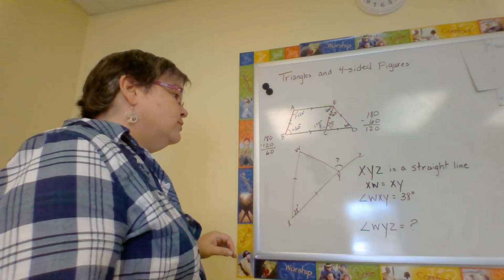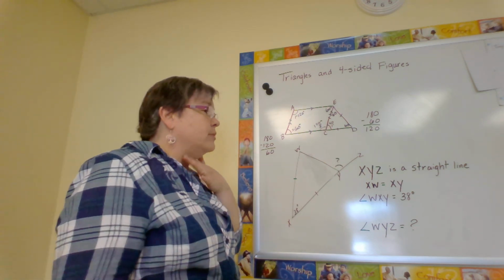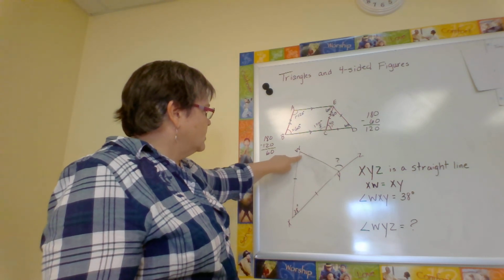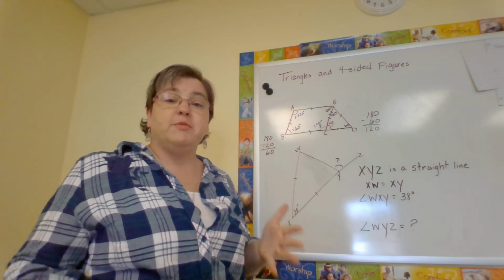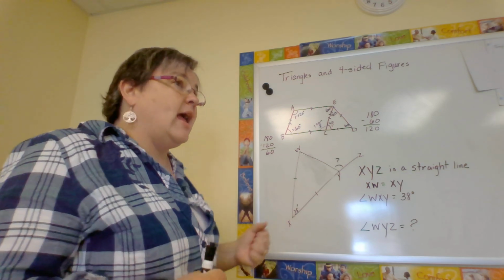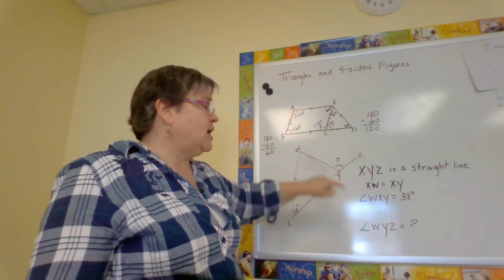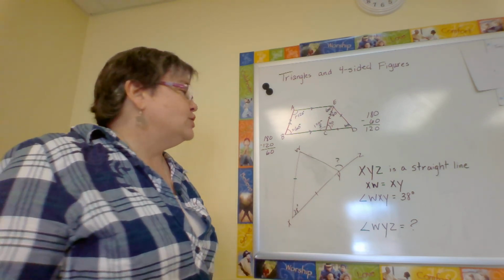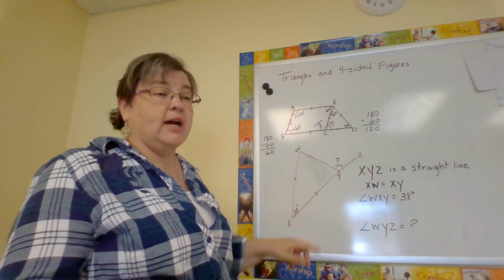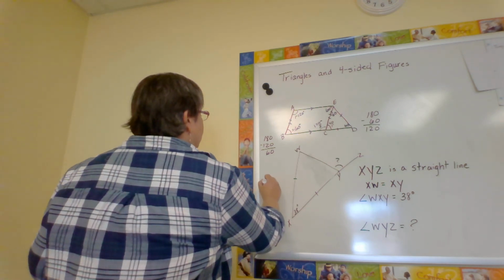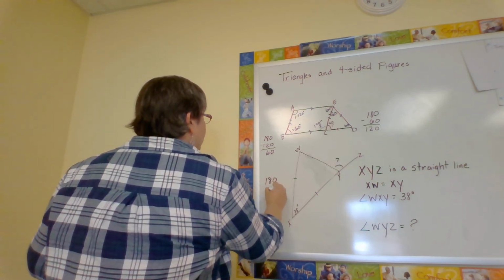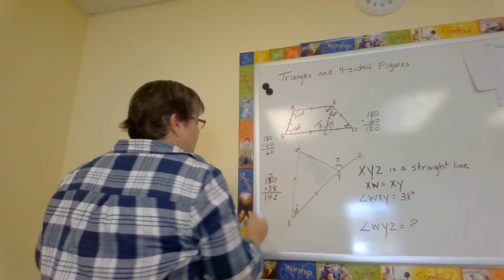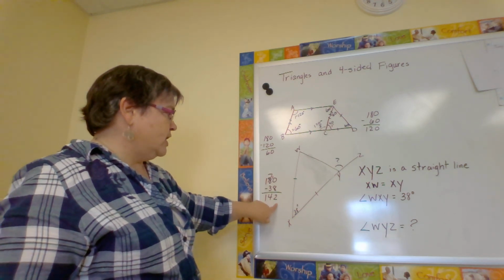So I know from looking at my notes or from remembering what we just discussed earlier that the opposite angles, W and Y, have to be the same, okay? And I also know that all three angles of a triangle have to equal 180 degrees. So if I subtract the only angle that I have, which is 38, from 180, I get 142.